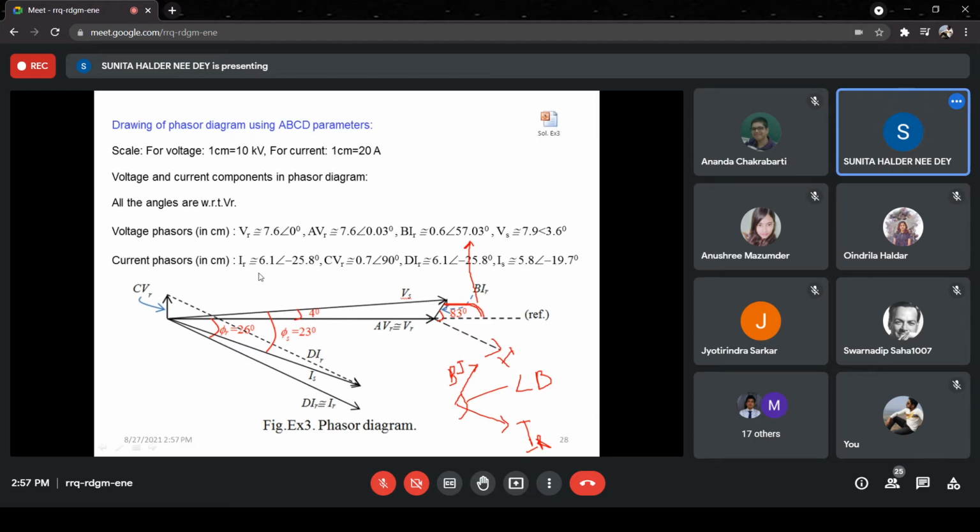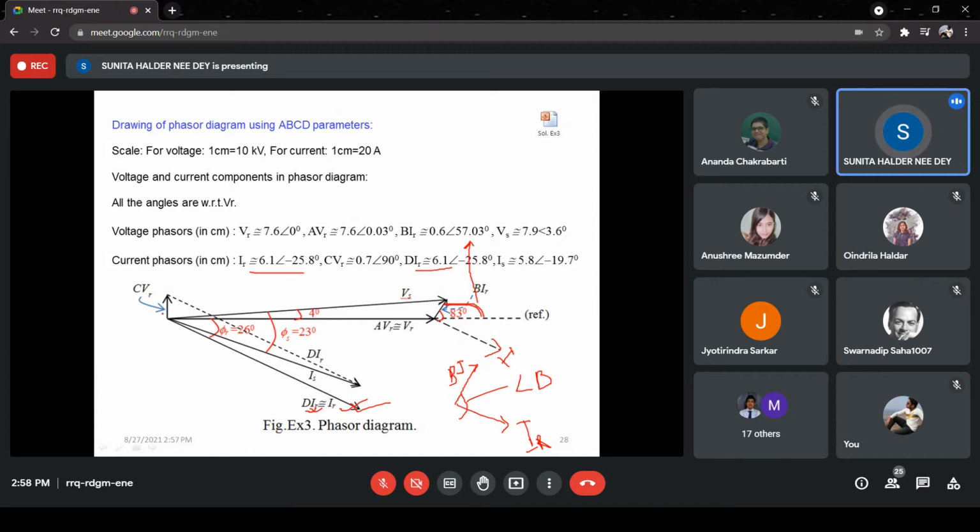Secondly, IS equal to CVR plus DIR. So where is IR? Since IR is in the same phase as DIR, more or less, IR and DIR are the same.